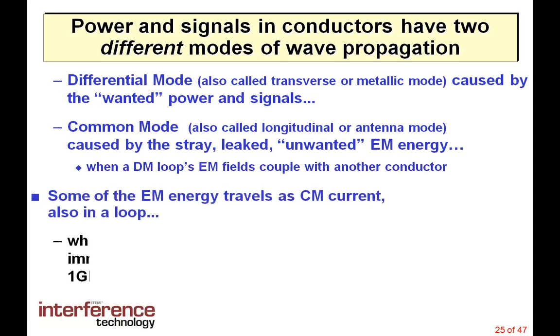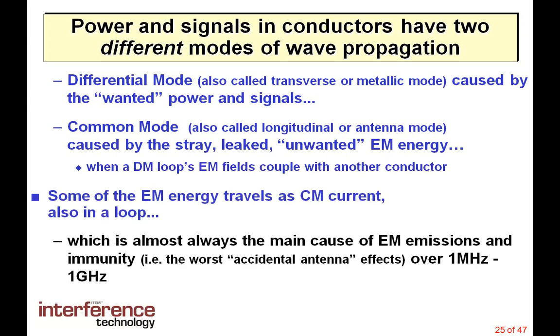So some of the electromagnetic energy travels as common mode current, and all currents flow in loops. Common mode currents are almost always the main cause of emissions and immunity problems because of their worse accidental antenna effects over the frequency range 1 meg to a gig. The reason is because their loops are so large.